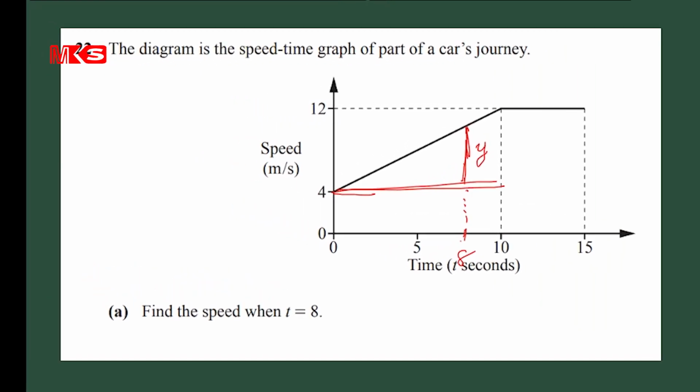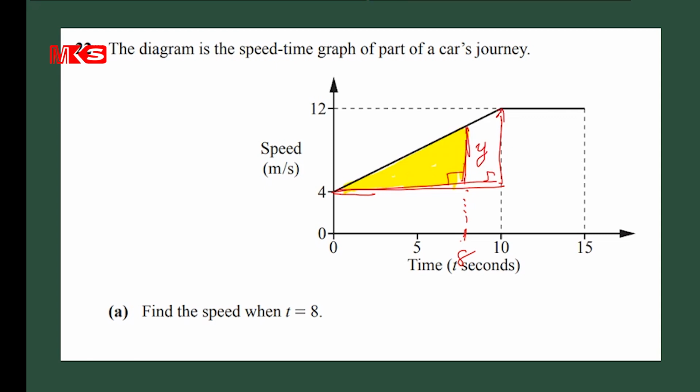I am talking about only this part. Now we have got two right angle triangles because the lower line is horizontal and these two lines are vertical. This smaller triangle will be similar to the larger one.